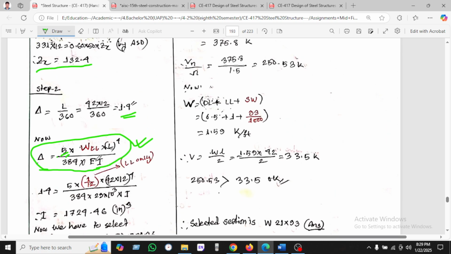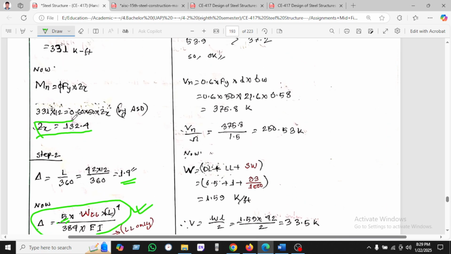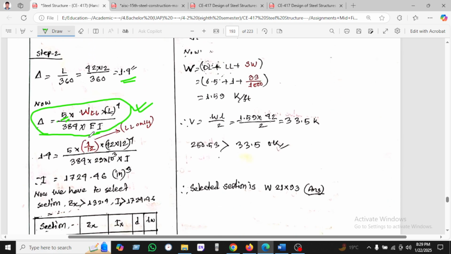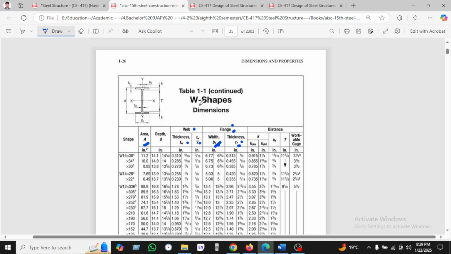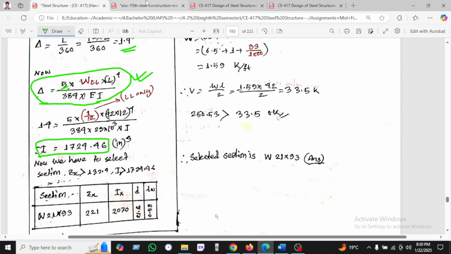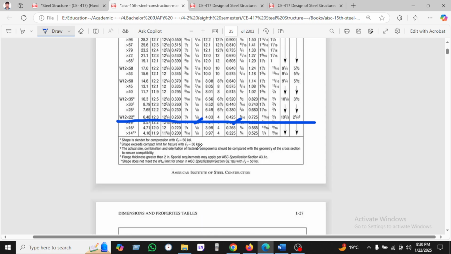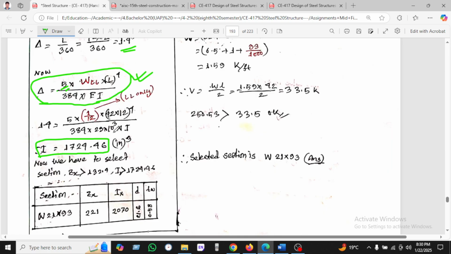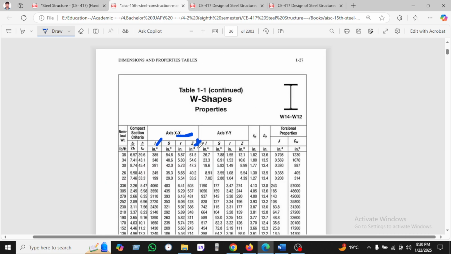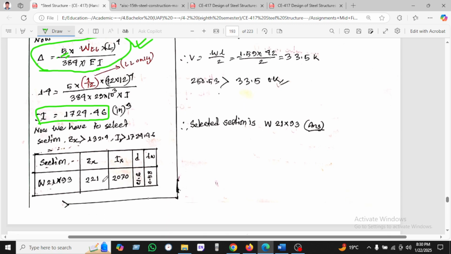So we have to choose a section whose Zx value is greater than 132, and whose I is greater than 1724. So we go to the AISC manual and check where the moment of inertia value and the Zx value are greater than these values. So we have selected W21 by 93.